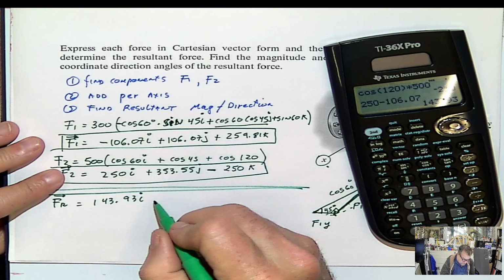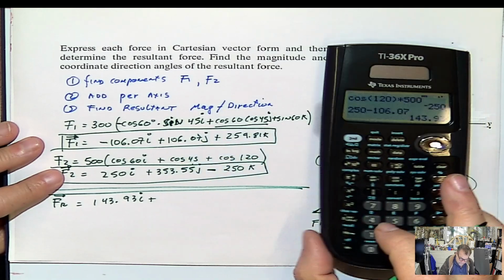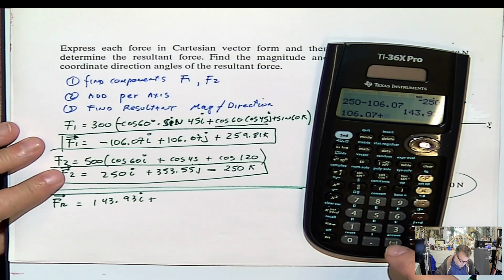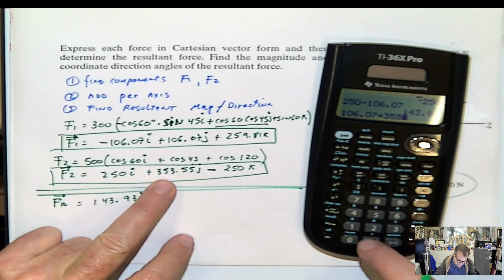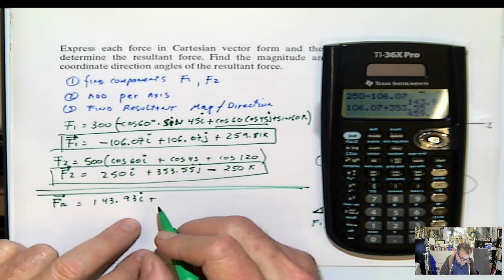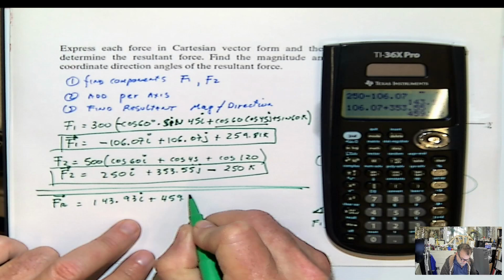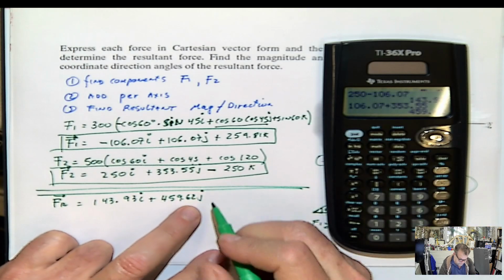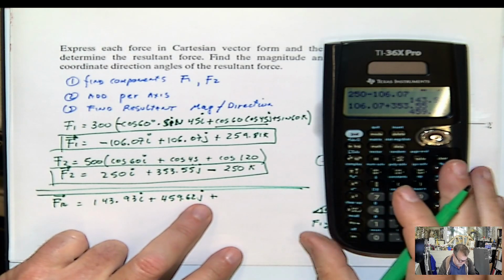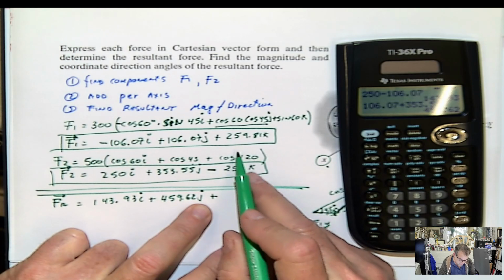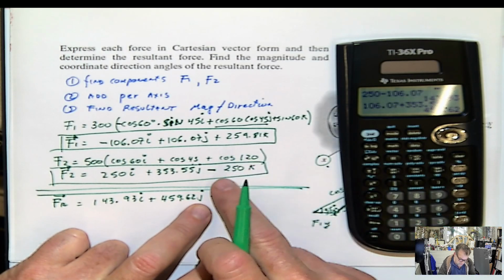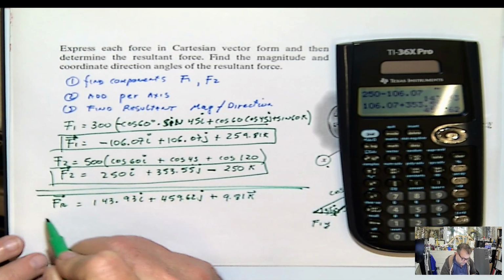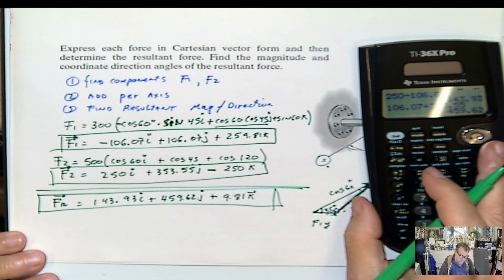In the j direction, it's 106.07 plus 353.55, which is 459.62. And in the k direction, it's positive barely, but positive: 259.81 minus 250 is 9.81 in the k direction. So this is the resultant force.